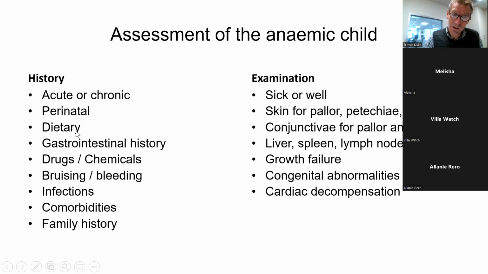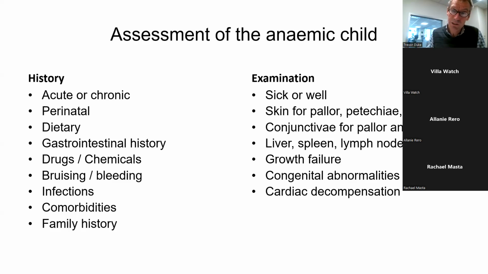When you're asking the dietary history, you need to ask both a longitudinal history. What was the baby first fed? How long did breastfeeding go for? When was complementary feeding started? And then also ask a cross-sectional history, like what are the typical complementary feeds that the child eats every day.